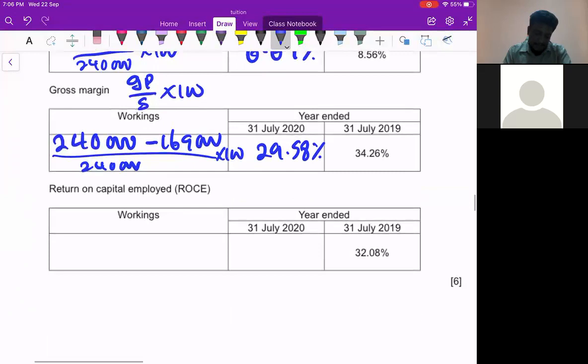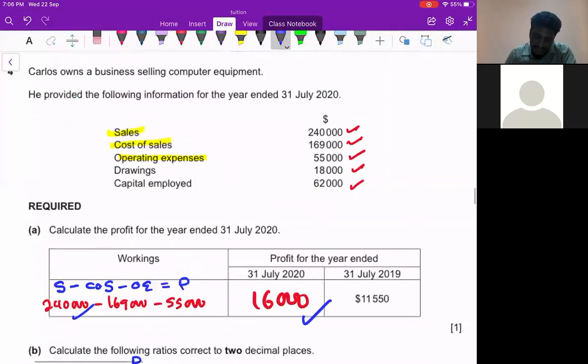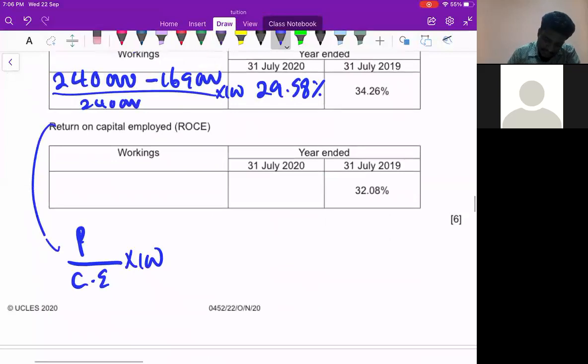Okay, return on capital employed. Return on capital employed is profit from operation over capital employed times 100. But for this question, we don't have finance cost, so your profit for the year and profit from operation are the same. So you take 16,000, the profit for the year, divided by capital employed.